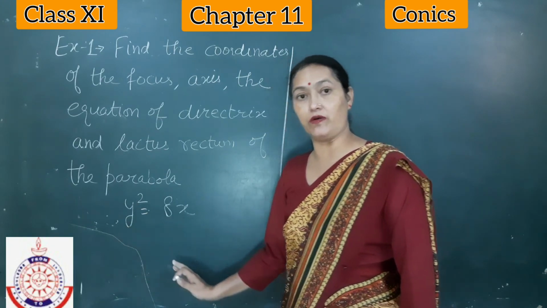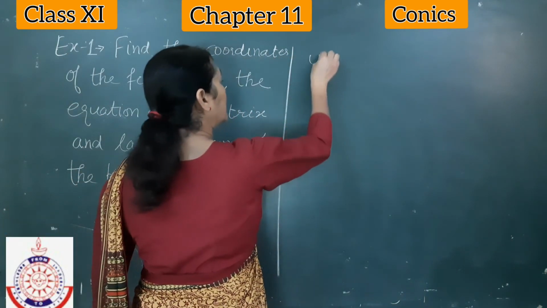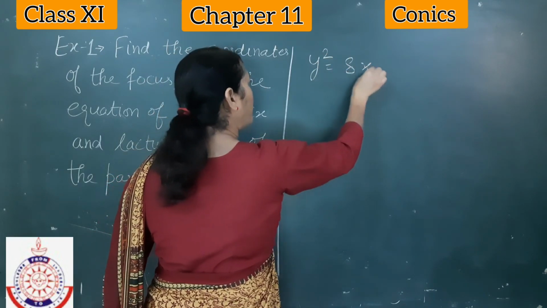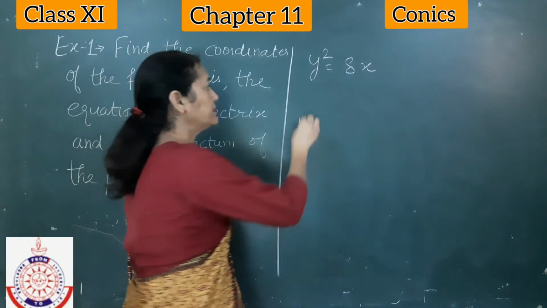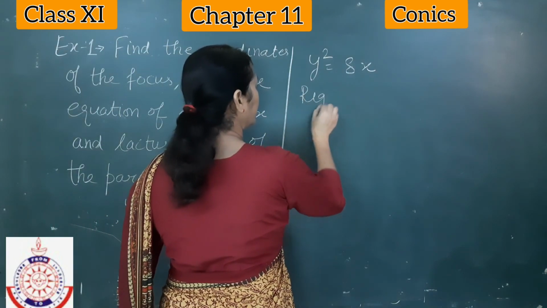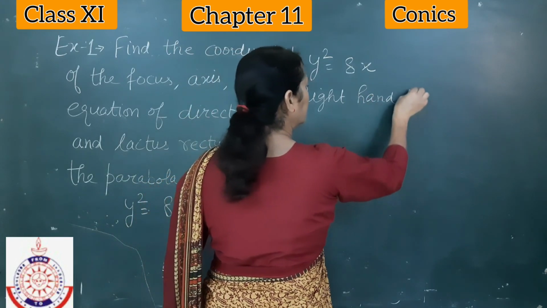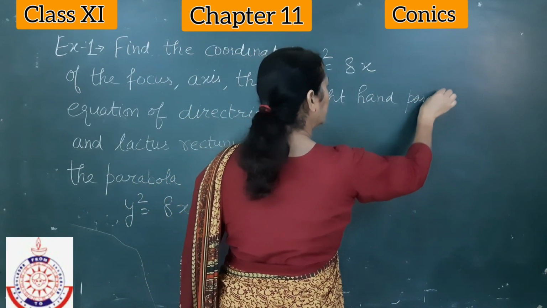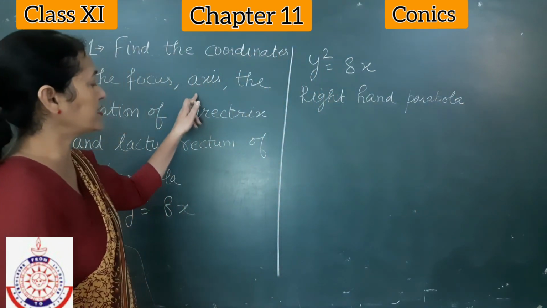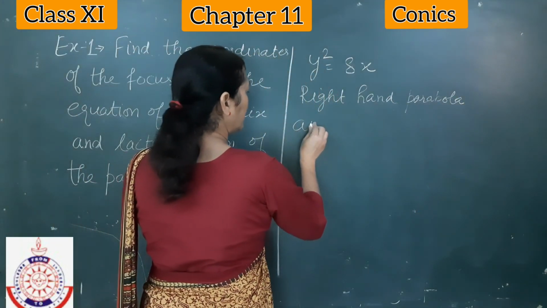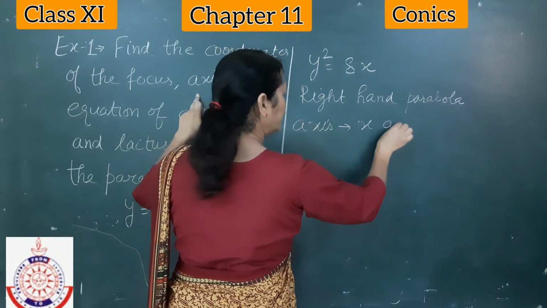As you can observe, it is y square equals to, which means it's a right hand parabola. If it's a right hand parabola, then its axis of symmetry will be the x-axis.